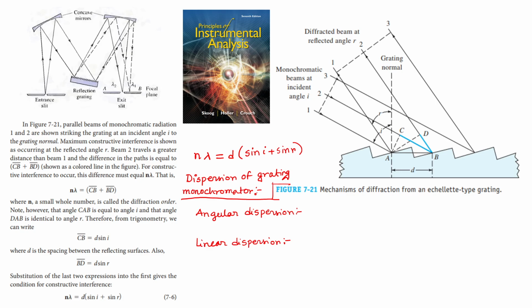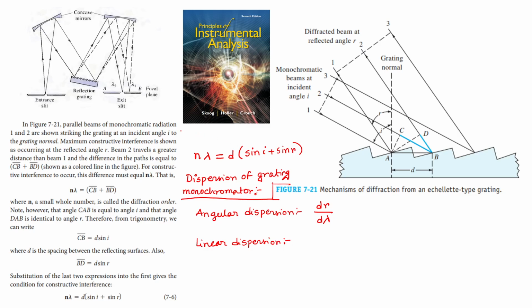So what is the angular dispersion? That is actually given as dr by d lambda. How can we get that? We can get that by differentiating this first equation with respect to lambda, differentiating lambda with respect to the angle r, keeping i as constant.